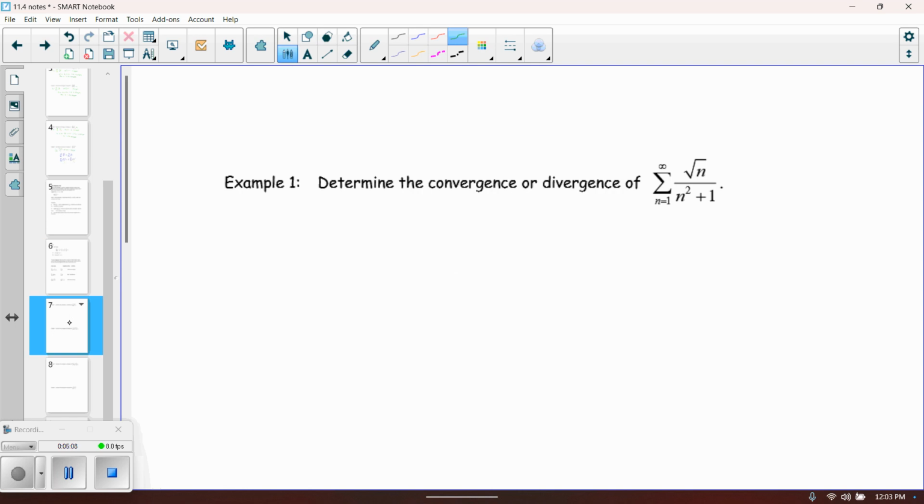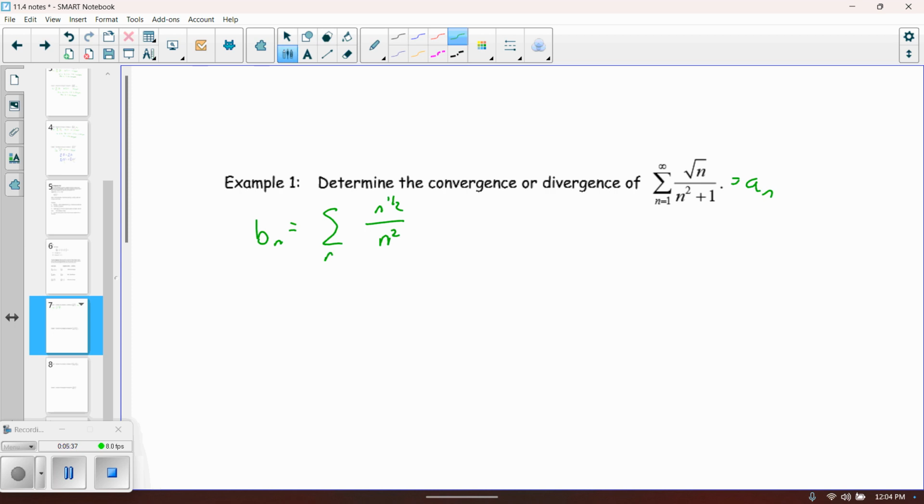So let's determine the convergence or the divergence of the sum of the square root of n over n squared plus 1, as n goes from 1 to infinity. So you basically want to say, okay, well, this is our a sub n. Our b sub n should be, looking at the dominant term on top, n to the 1/2 power divided by n squared.